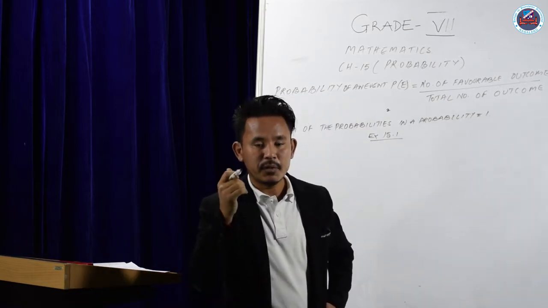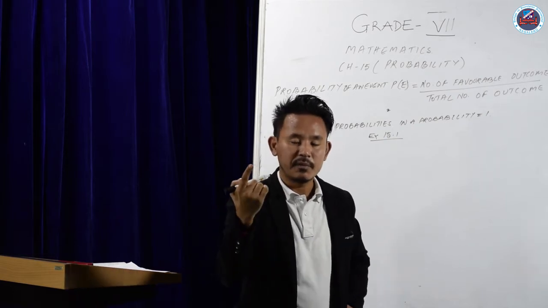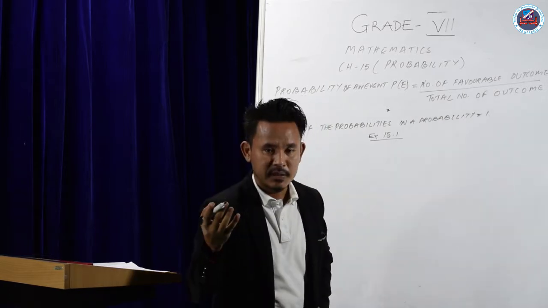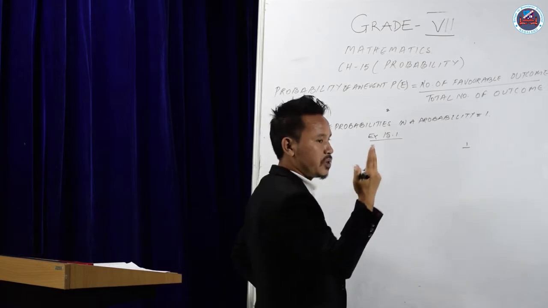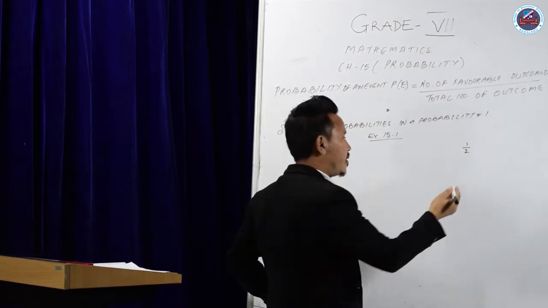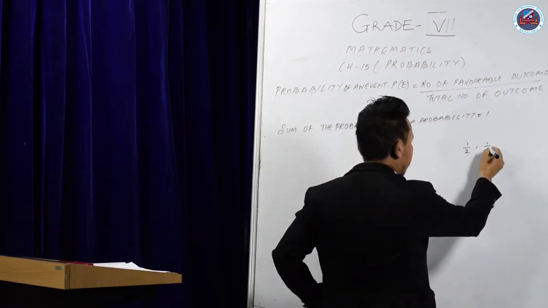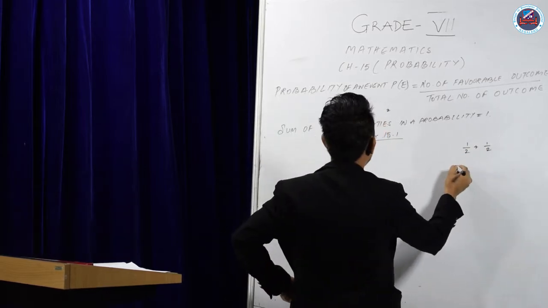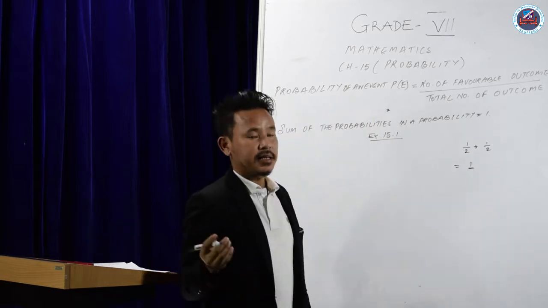Now when we flip the coin, there is a chance that we get the head or the tail. The probability of getting a head will be 1 out of 2, half. In the same way, the probability of getting a tail is also 1 out of the 2 sides. So always remember, when we add these 2 together, the sum of the probabilities always gives us 1. Is that clear?